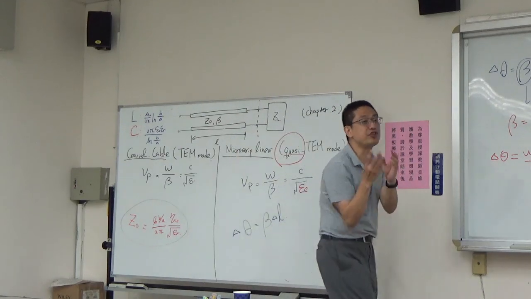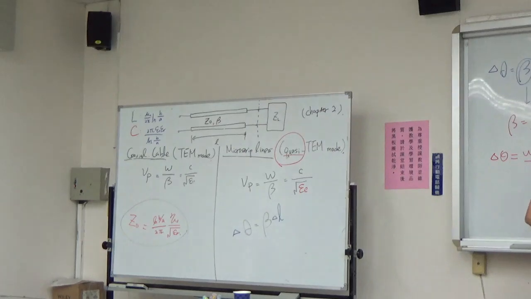If you have the geometry and epsilon E, when your width over D, the ratio of W over D, is less than 1, you use the first equation to get Z0.